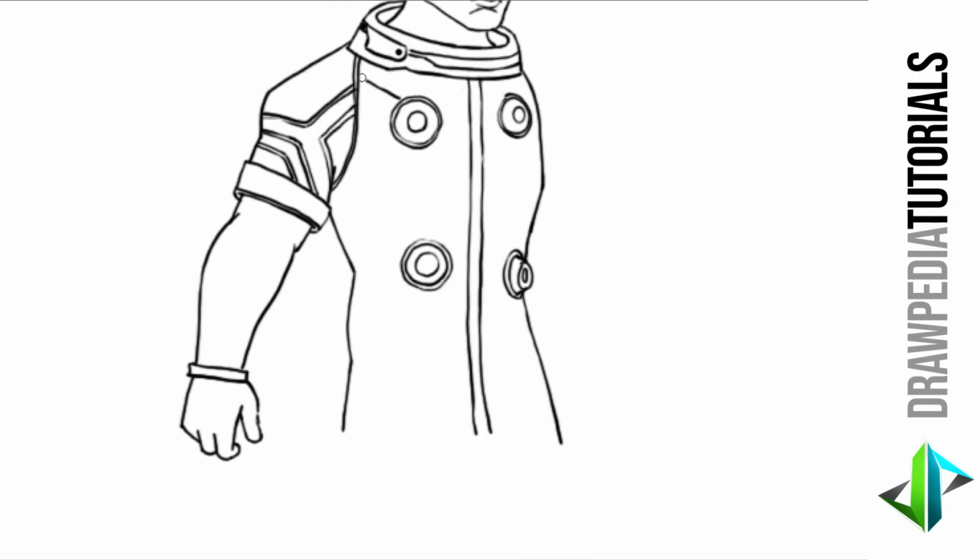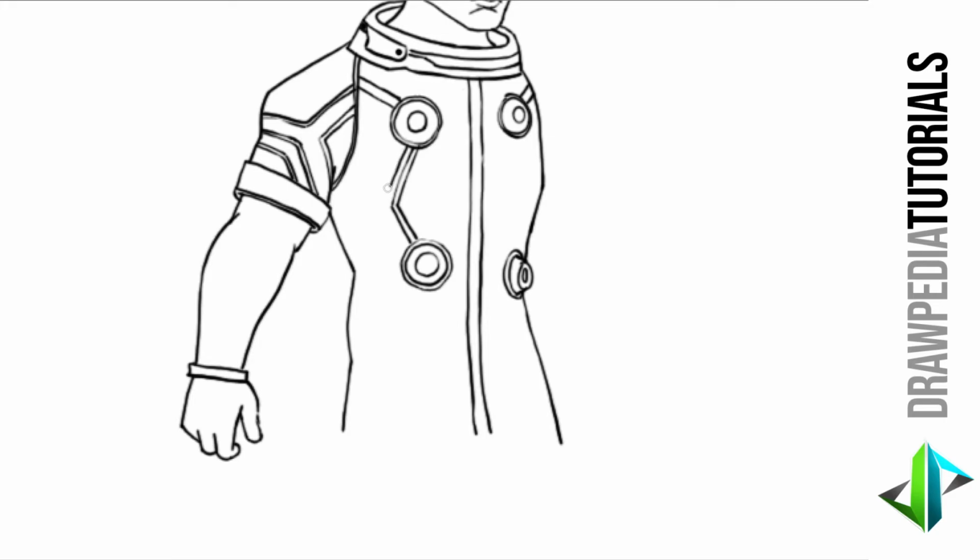Above that, I'm gonna draw a diagonal line to the side of his shoulder right there, and another one below it. Below that, diagonal line downwards, slightly out. Turn it back in and down, and copy the same line again on the left side.